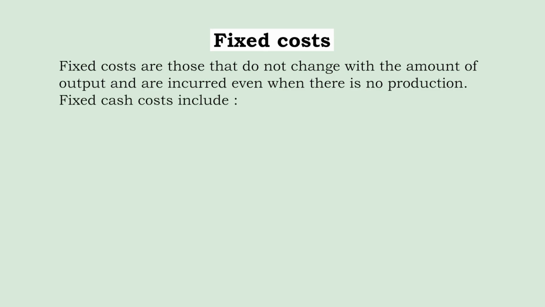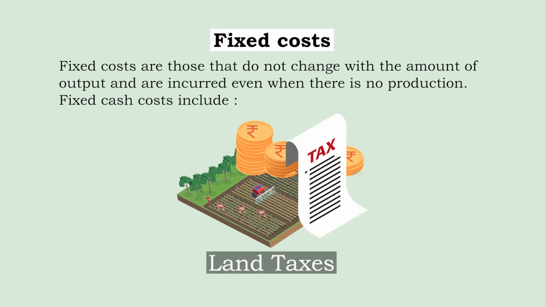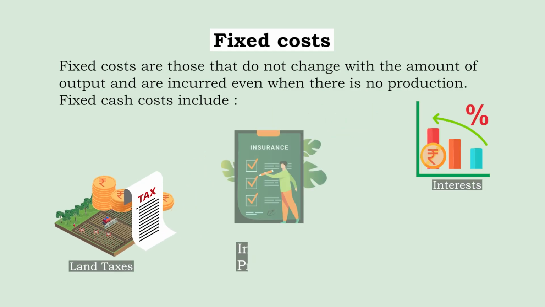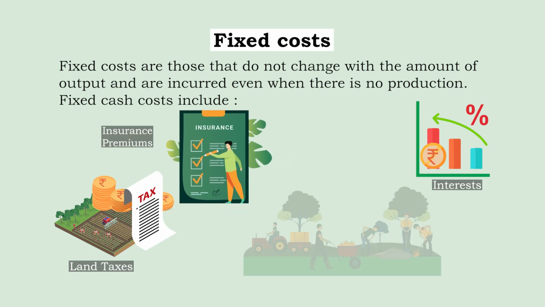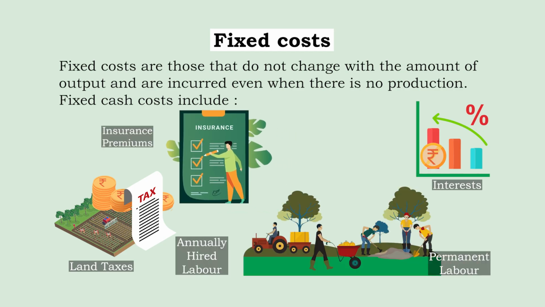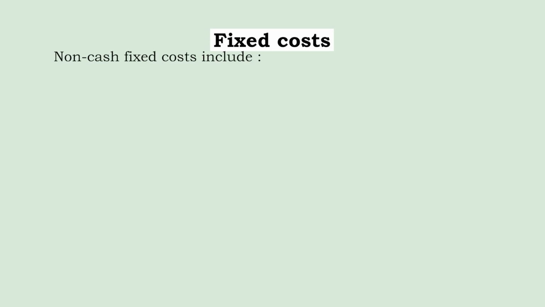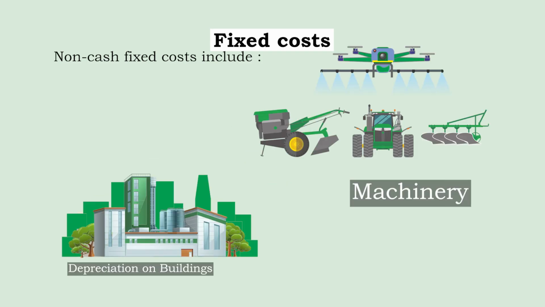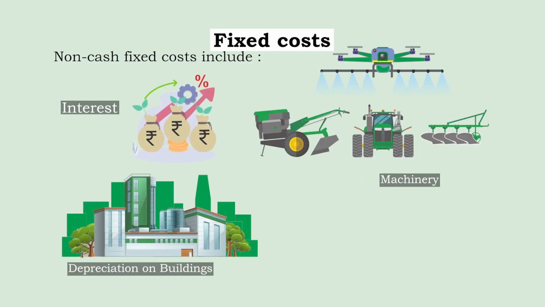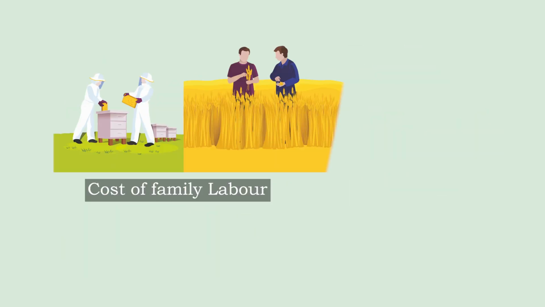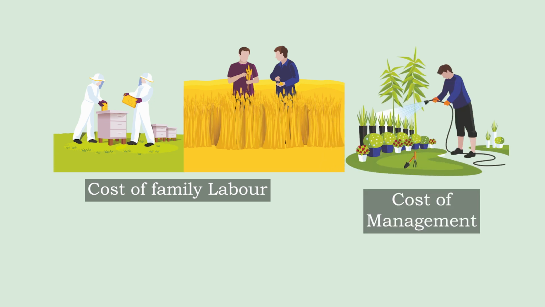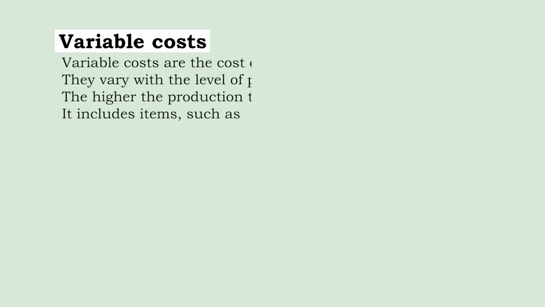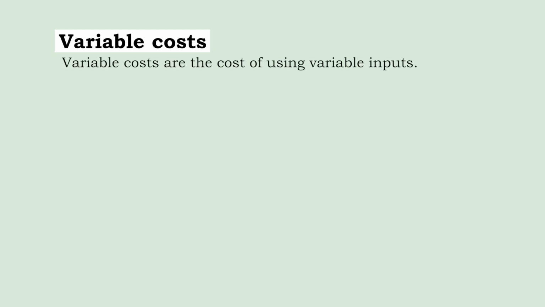Fixed cash costs include land taxes, interests, insurance premiums, annually hired labor, permanent labor, electricity charges, etc. Non-cash fixed costs include depreciation on buildings, machinery, interest on capital investments, cost of family labor, and cost of management.